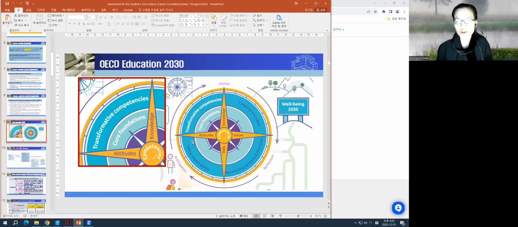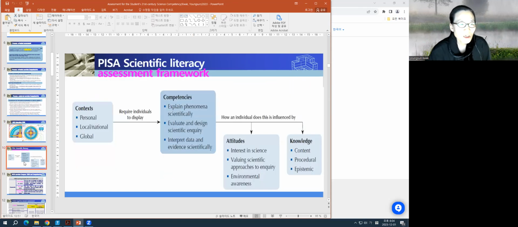If you want to manage or live with competency, you need to be strong in terms of cognitive aspect and emotional aspect and interpersonal or social aspect. So, in summary, competency is about abilities you need to live. Okay, so we will talk about how to assess science competency.